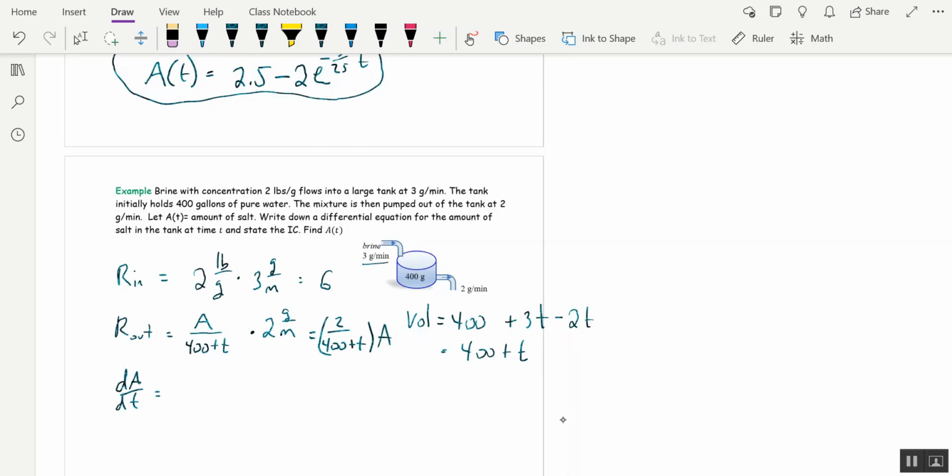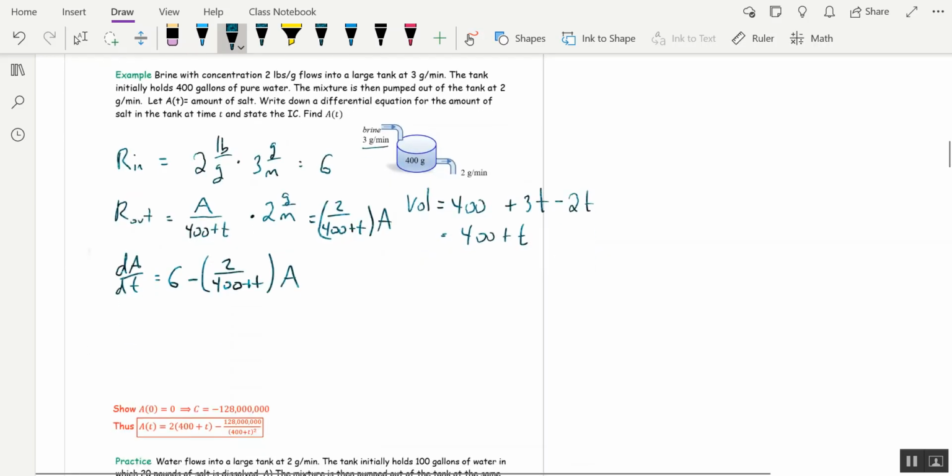Rate in is 6. Rate out is 2/(400 plus t) times A. Let's write that in standard form because it's linear. dA/dt plus 2/(400 plus t) times A equals 6.